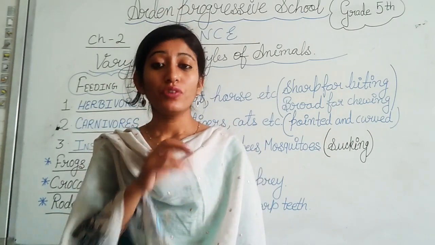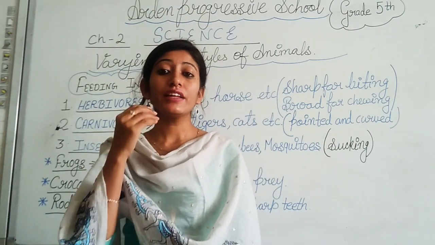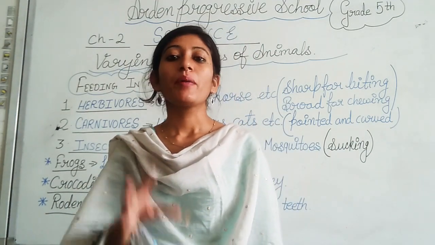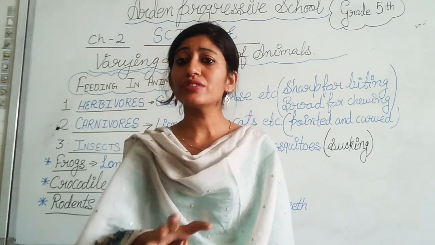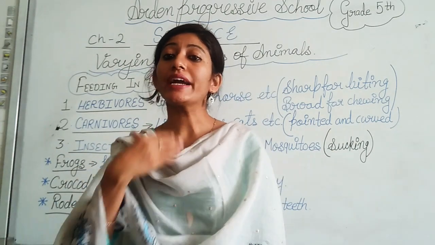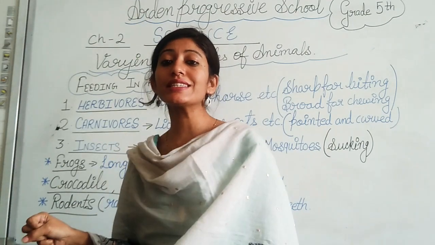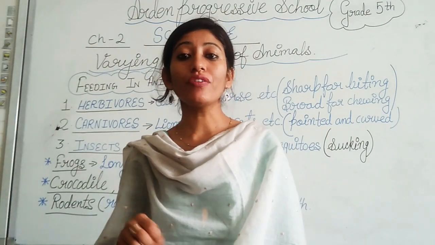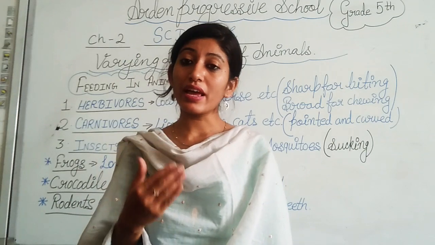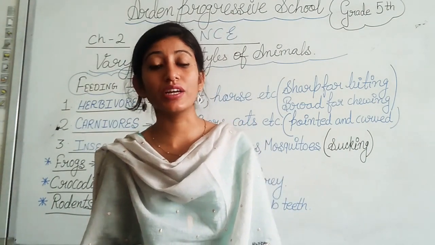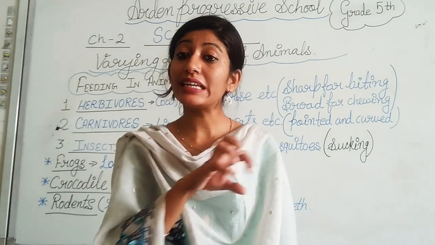Now these are flesh eating animals. So what do you think, flesh eating animals need what type of teeth? Because they are flesh eating, they have to attack another animal for the flesh, and they have to tear the skin, tear the muscles of that animal. So their teeth are shaped in such a manner by nature that they can help in tearing.